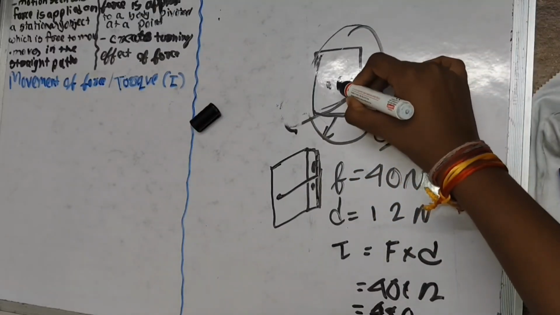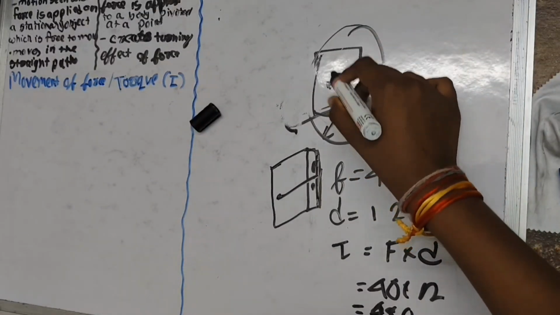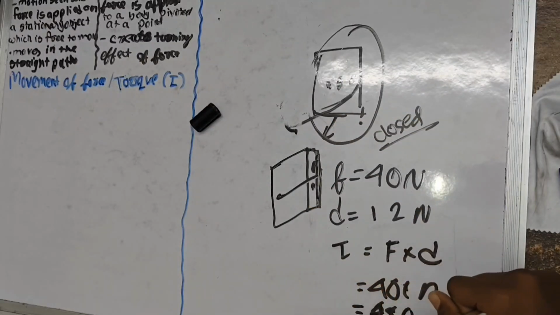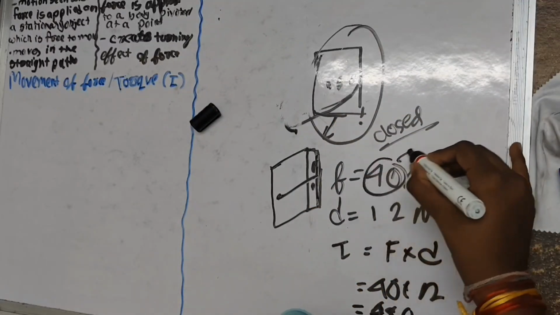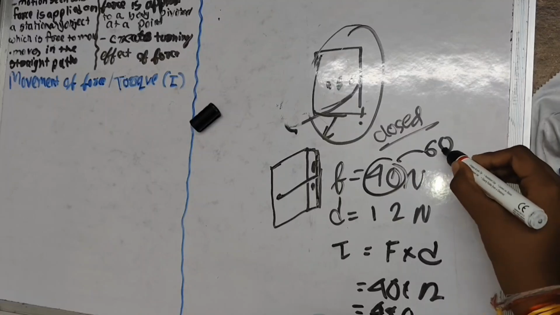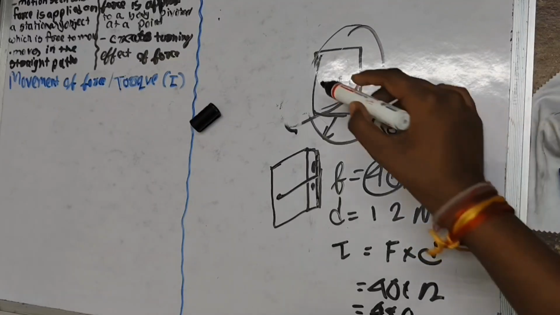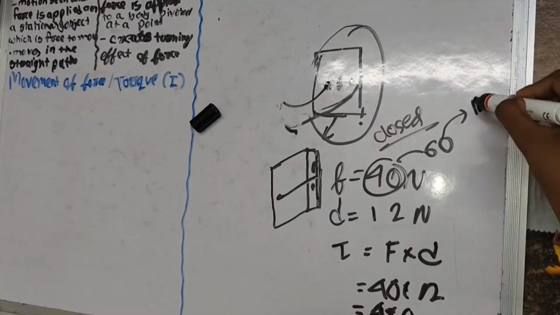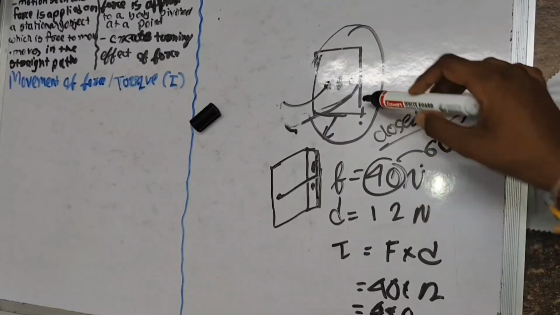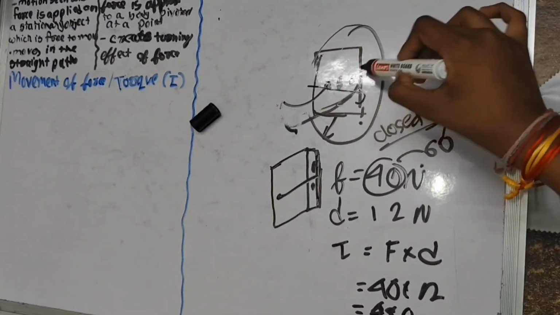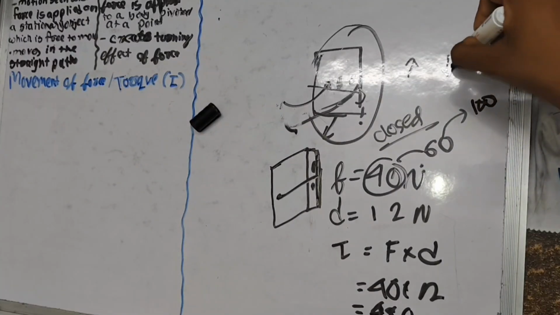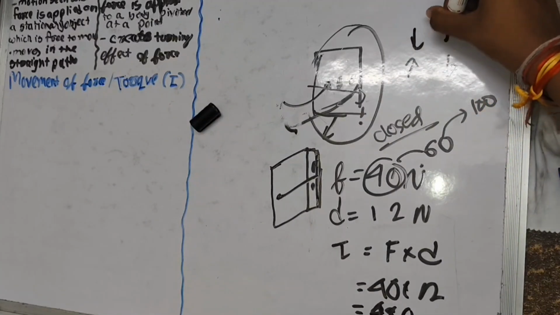If the person had done it here, he would have felt that the force applied is two times of it or even more, and from here it is really more, 100 Newton. So if the perpendicular distance increases, the force decreases, and if the perpendicular distance decreases, the force increases.